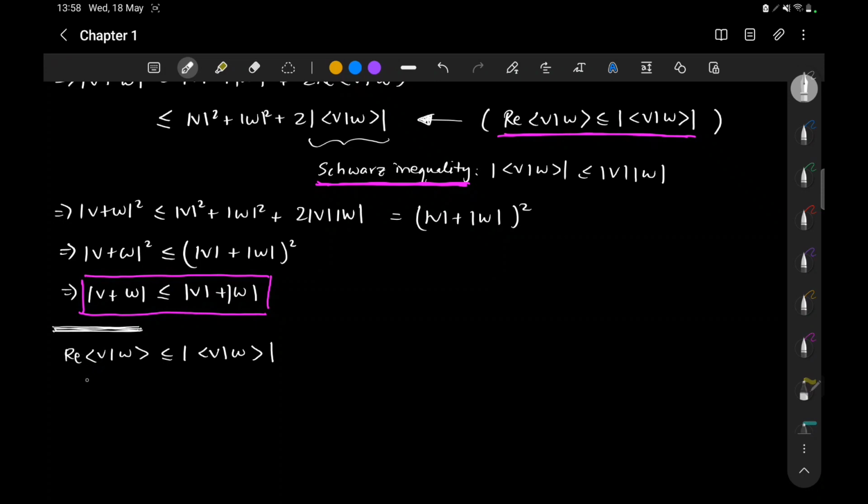Why so? Because let us assume that this is some number z. So z can be written as some real part plus the imaginary part. So z is a number, we split it up into the real and imaginary parts, and then the magnitude of this z will be nothing but square root of a squared plus b squared.